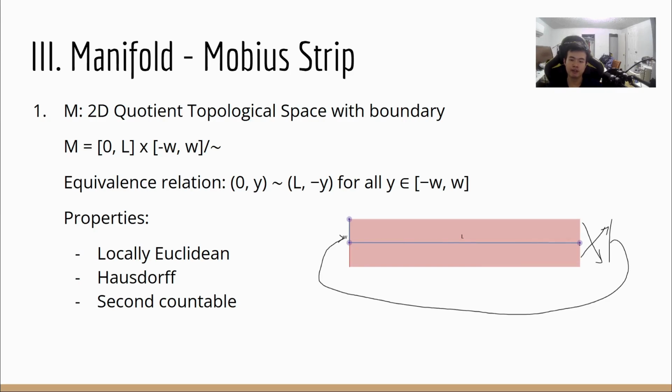And third, it is second countable, which means that M can be built from countable sets. And as for our Mobius strip, it is two sets, which I will get to on the next slide. It can be more, but two will do the job.